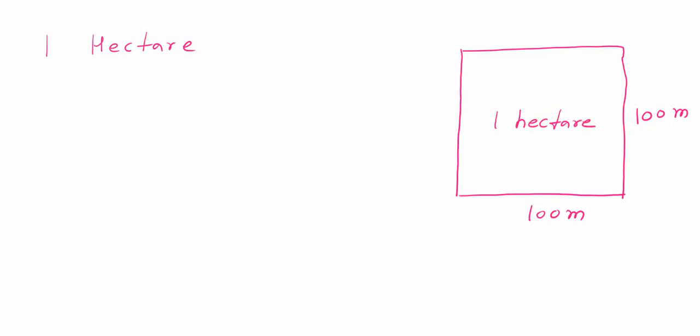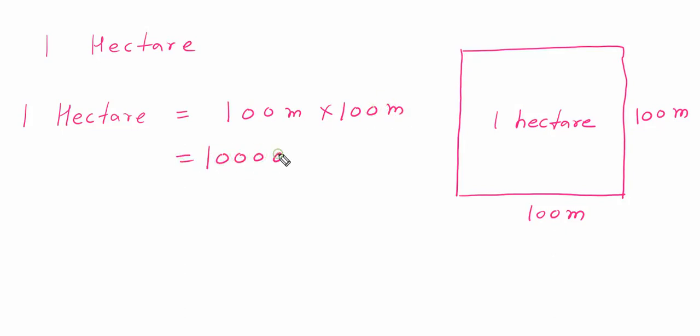Getting the concept? It means 1 hectare is equal to area of this square, and area of square is 100 meter into 100 meter. It means 10,000 meter square. So we can say that 10,000 meter square equal to 1 hectare.